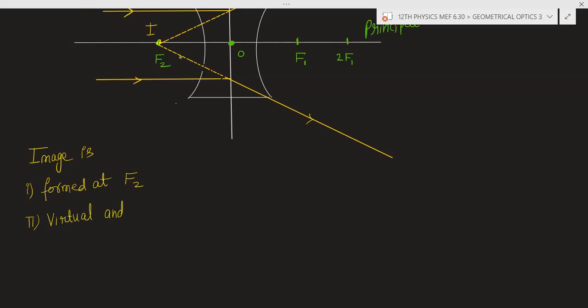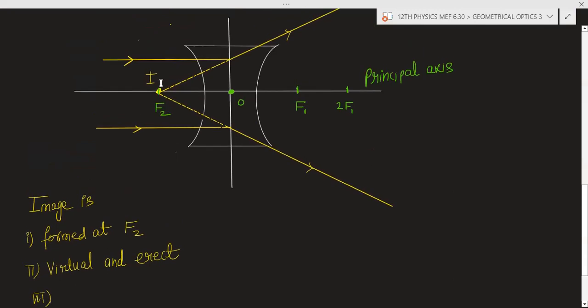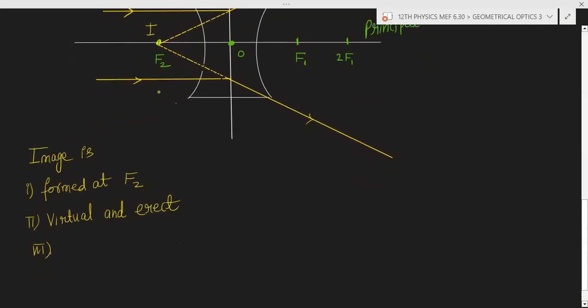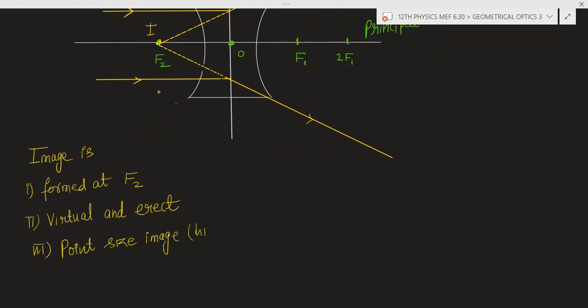Number three, the size of the image is very small. A point-size image you are getting, or you can say highly diminished.